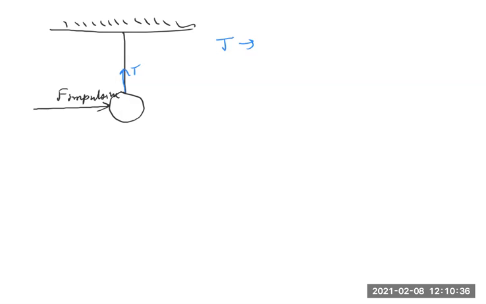So this horizontal impulsive force can suddenly change the velocity of the ball horizontally or not? That means the ball is stationary, and suddenly the velocity of the ball is like this. Is this possible or not?